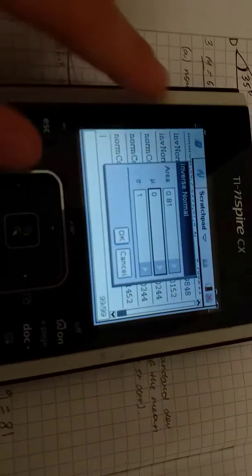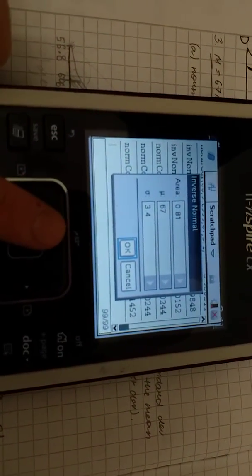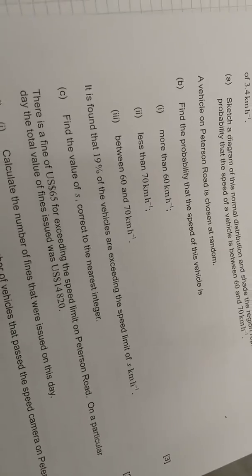And 81 is the percentage. I entered the values here, pressed OK. There you go. This is what the question asked us to find: the S, the exceeding speed limit of S. We found it. That's how you do normal distribution equations.